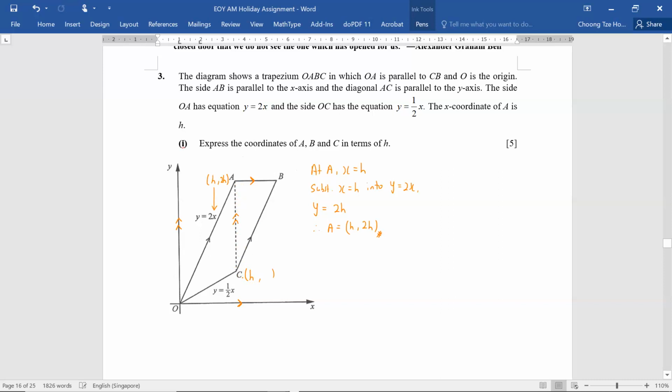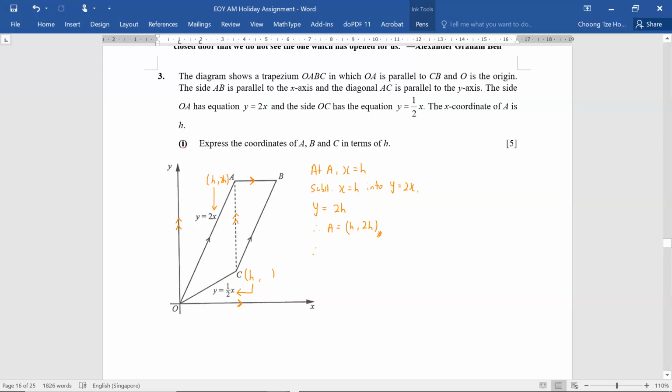Since we know the x coordinate, we can use a similar method as how we found the y coordinate of A. Because C lies on the line y equals half x, we take this h and sub it into the x here. We're going to do the same thing, but first we write a statement to explain why the x coordinate of C is h.